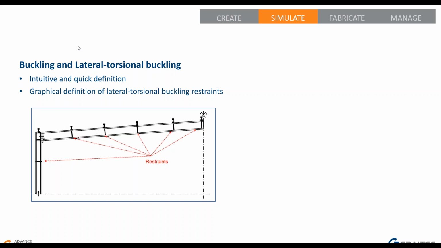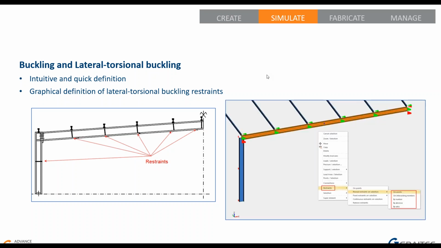So, if you want to reduce the lateral torsional buckling effects, you will need to put restraints, and you need to do it easily. You don't want to open dialogue after dialogue just to gain a bit on the work ratio. So you need to do it graphically, like in advanced design. You can just select an element and click where you want to put restraints.